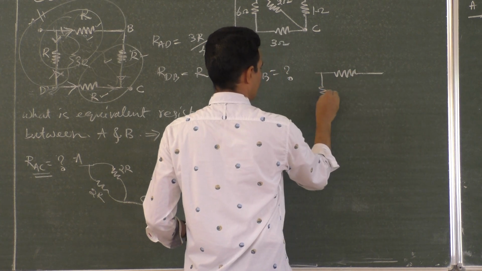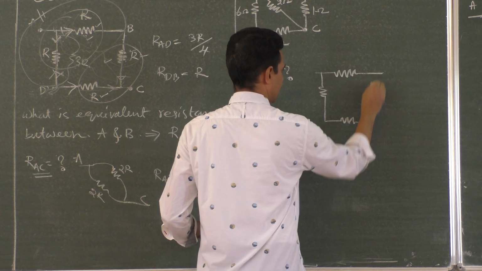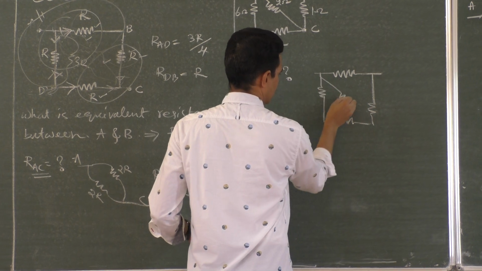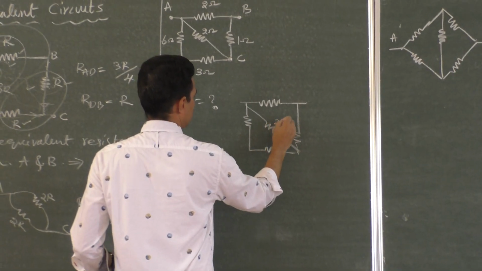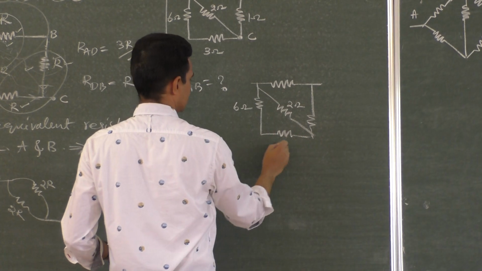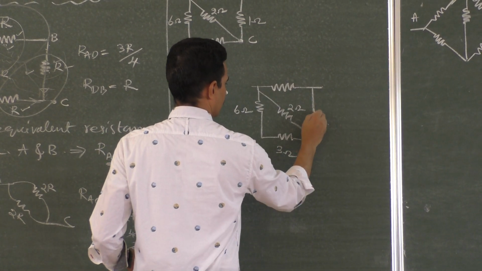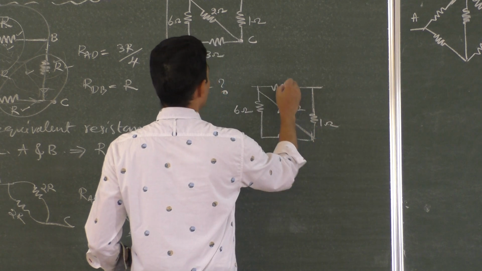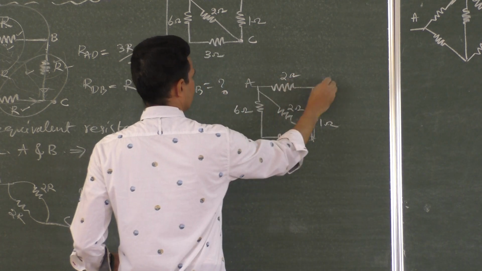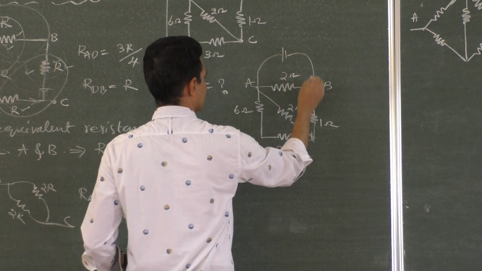You have one more resistor here along the diagonal, and its value is 2 ohm, and the value of this is 6 ohm, this is 3 ohm, and this is 1 ohm. This is 1 ohm, and this is 2 ohm, and here are A and B. You have to connect a battery across this, like this.